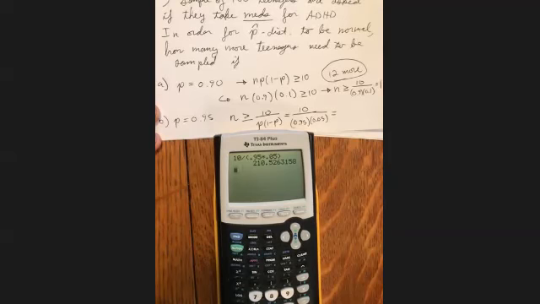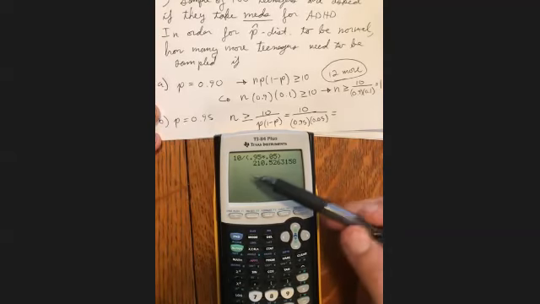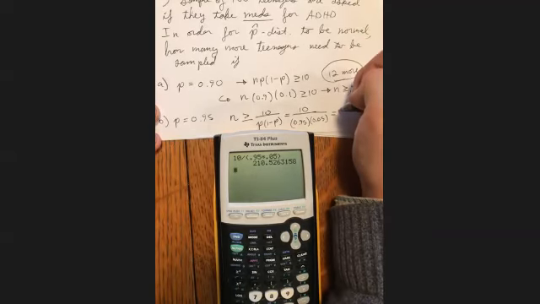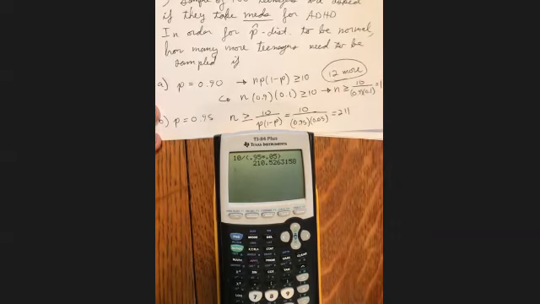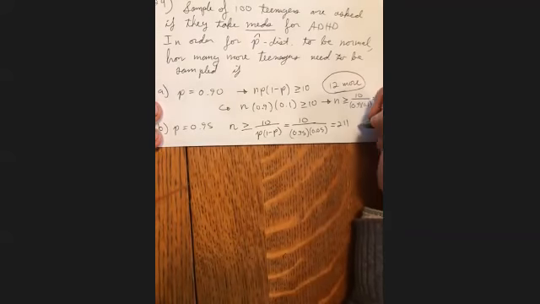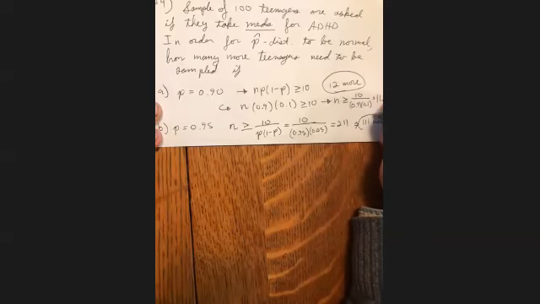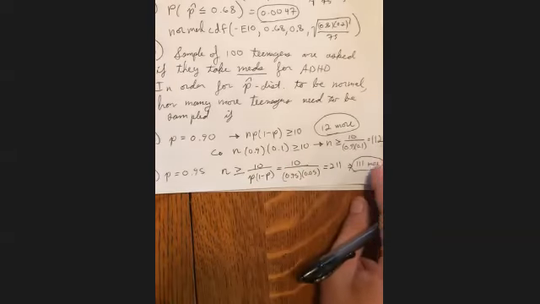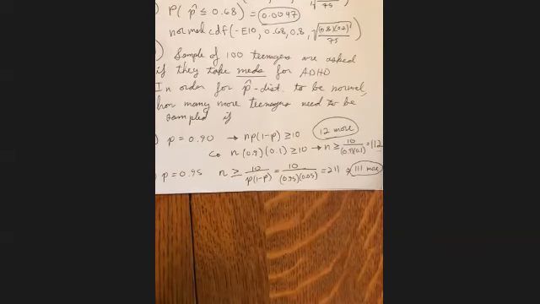And that tells us that the sample size needs to be 211. We round up. And so we already sampled 100. We need 211. So we need 111 more. There we go, 111 more.